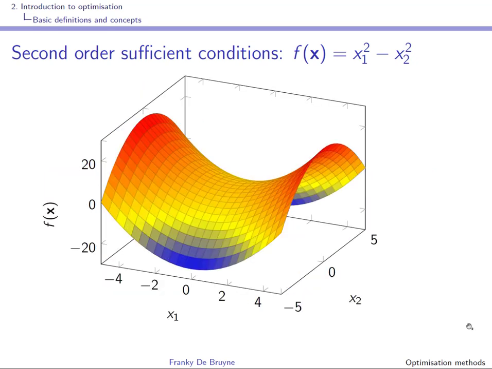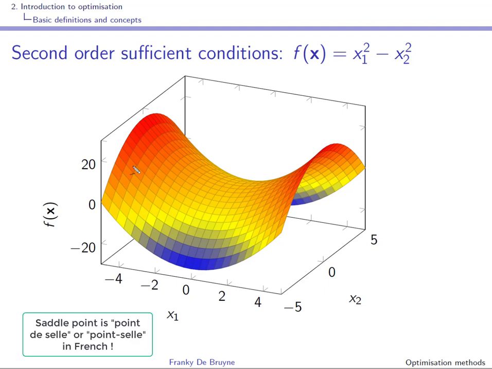This is the graphical representation of the function x1 square minus x2 square, and you can see that at the origin we do not have a maximum or a minimum. You can clearly see where the name saddle point is coming from, because we have the shape of a saddle here.